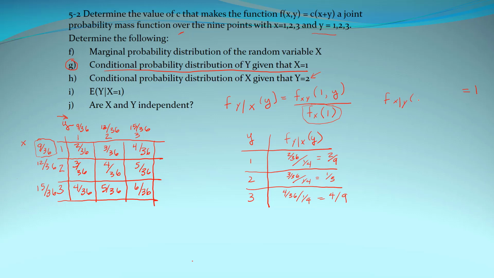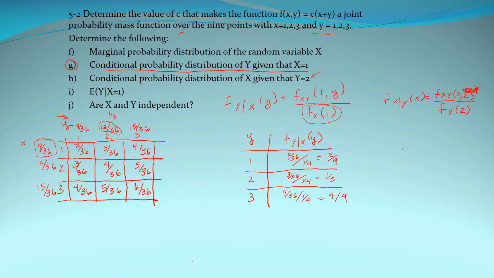And we've got f of x y, x is 2, and then we've got f y of 2. And, well, what's the marginal distribution for y is equal to 2? It's 12/36. So that's actually 1/3.